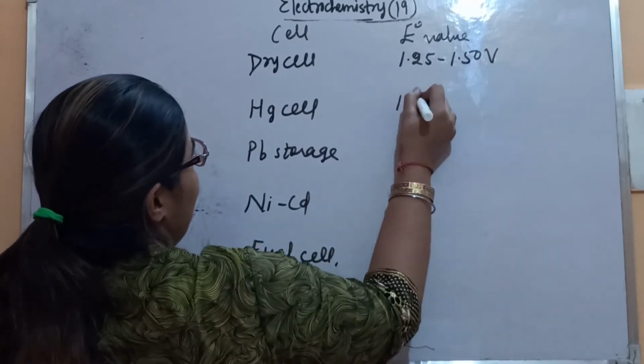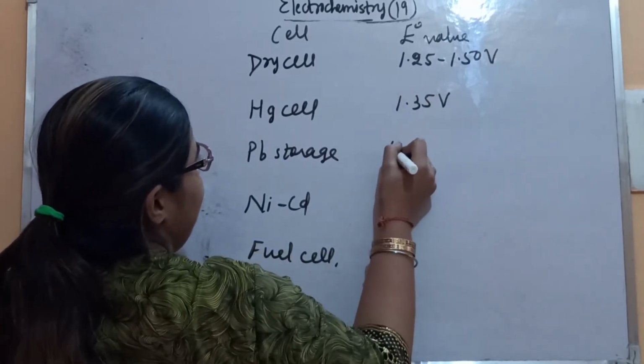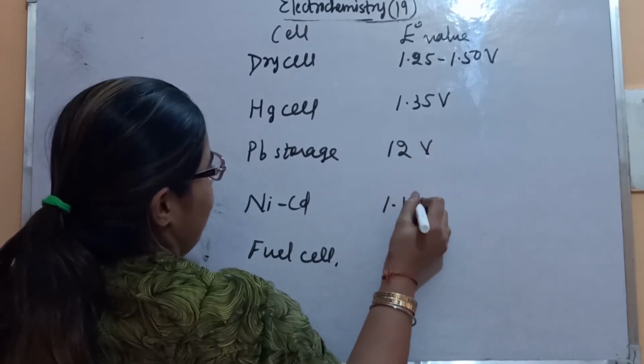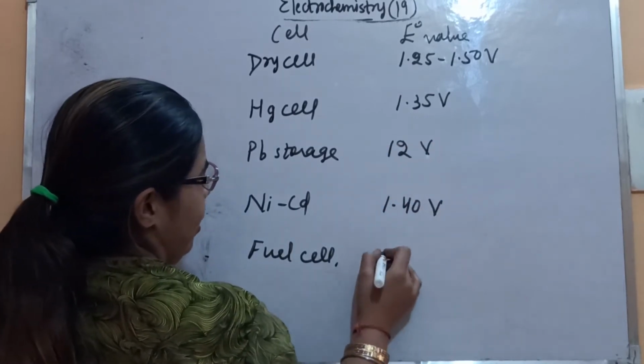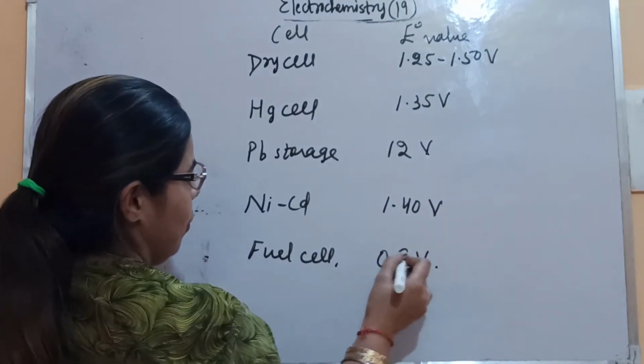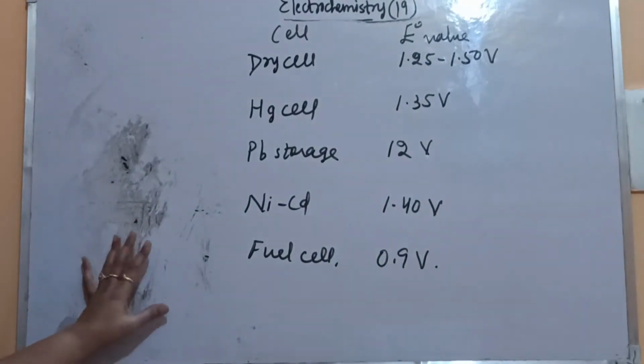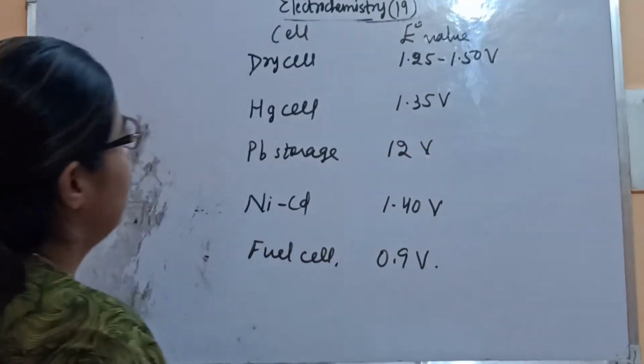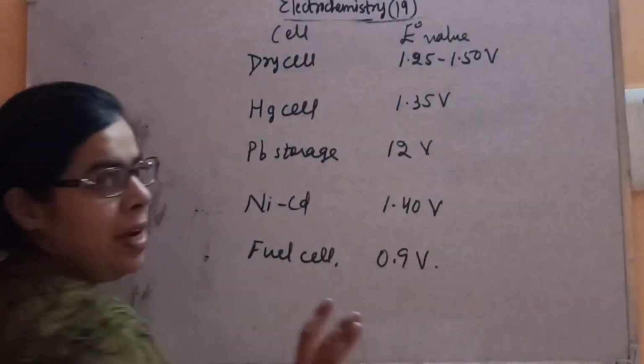Mercury cell was 1.35 volt constant. Lead storage was 12 volt, nickel cadmium was 1.40 volt, and the fuel cell is around 0.9 volt. It is used in space and for setting up generators. This is all about the commercial cells.